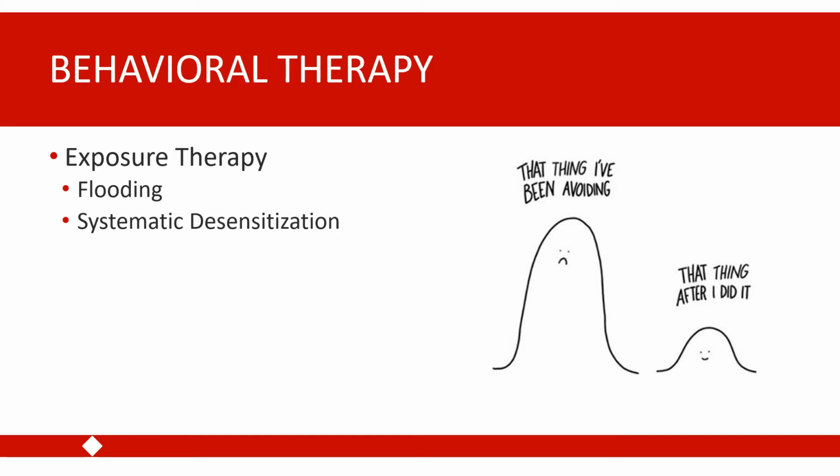And over time, you might work your way up to higher levels of anxiety-provoking situations, such as being on a balcony in a tall building, going up to the top of a skyscraper, or any other kind of situation where the individual might experience a high level of anxiety.